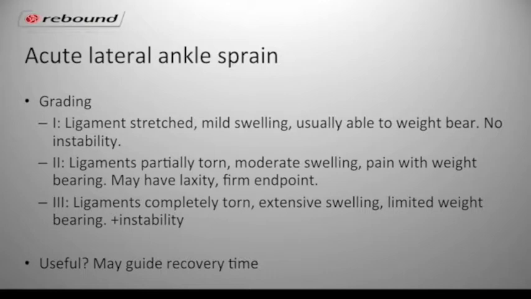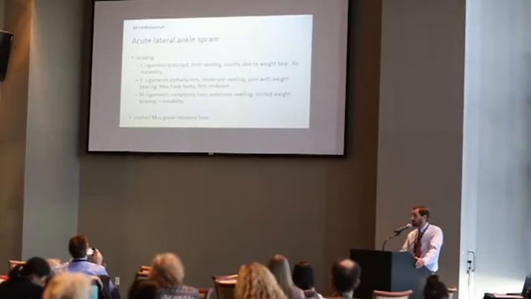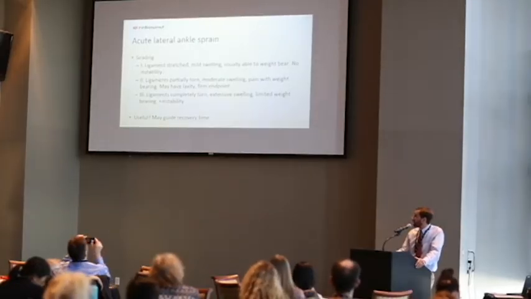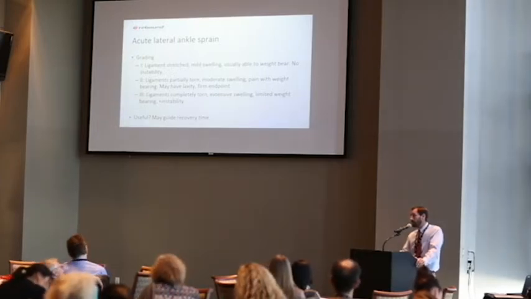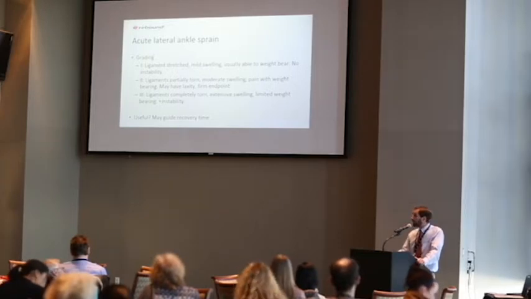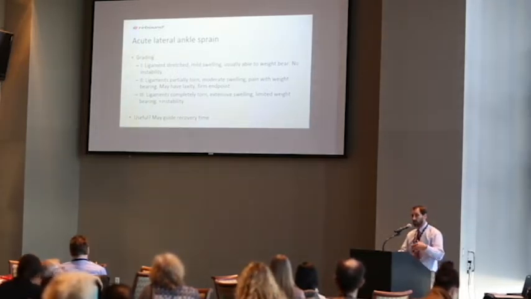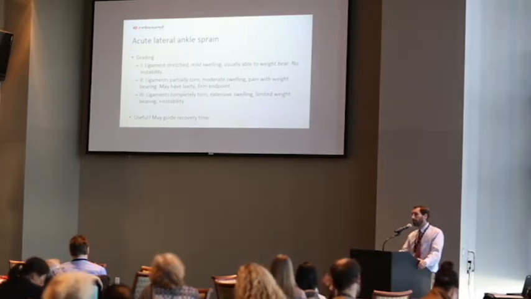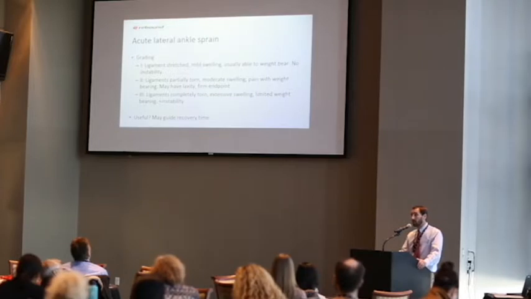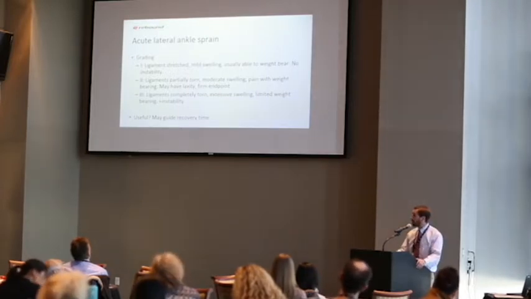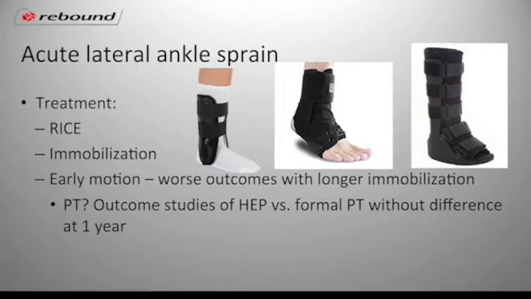A lot of swelling, a lot of bruising associated with these, and oftentimes people do have difficulty bearing weight. Now, in the acute management of these injuries, I don't know that these really play a role, but it may guide this discussion about return to play as far as recovery goes, because obviously a grade 1 sprain is going to take less time to get better than a grade 3.